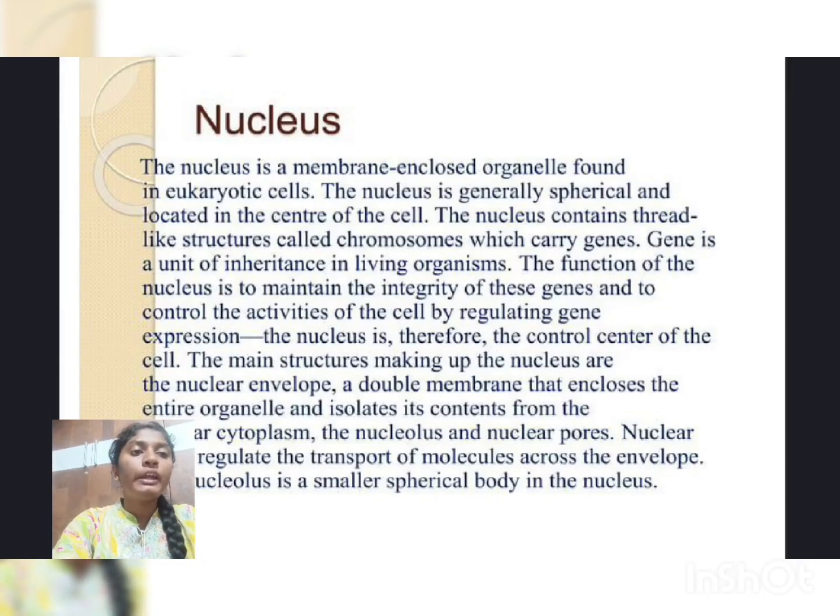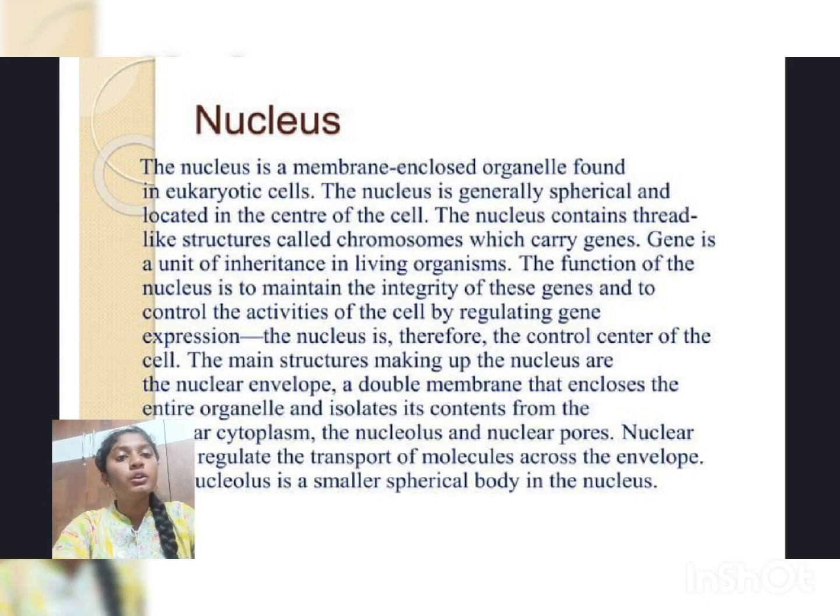Nucleus. A membrane-enclosed organelle in eukaryotic cells, generally spherical and located in the center of the cell. Chromosomes are thread-like structures within the nucleus that carry genes, which are units of inheritance. Functions of the nucleus: maintains the integrity of the genes, controls cell activities by regulating gene expression, and acts as a control center of the cell.